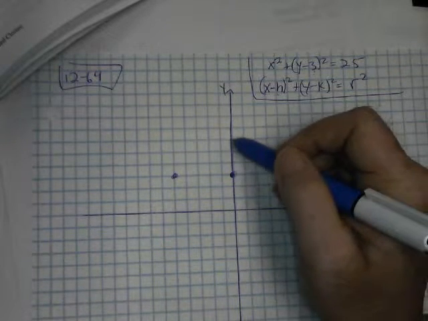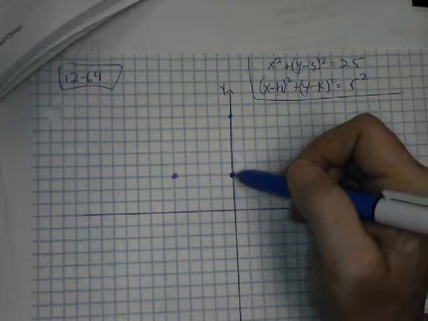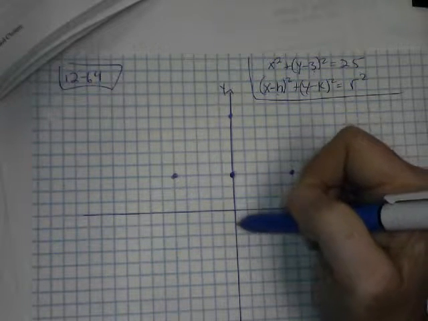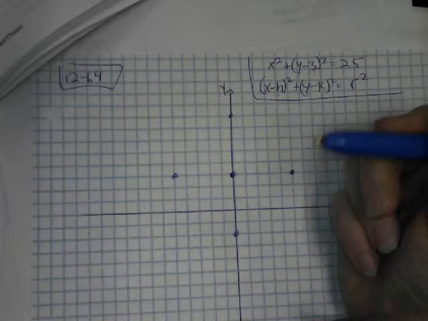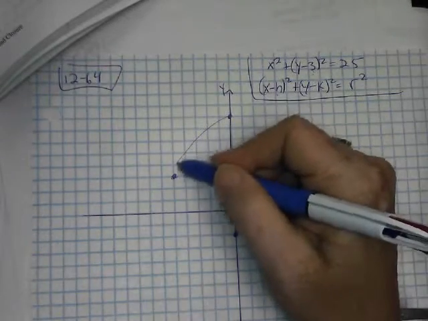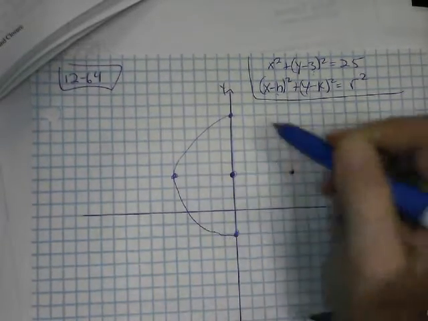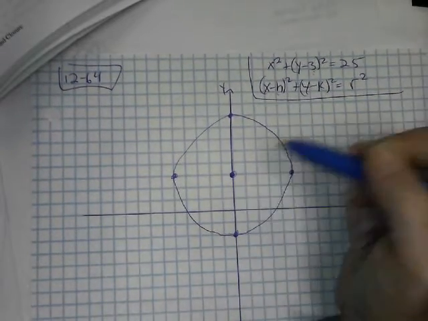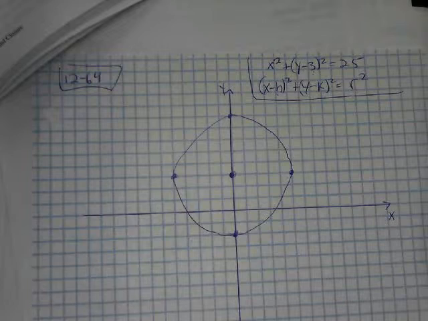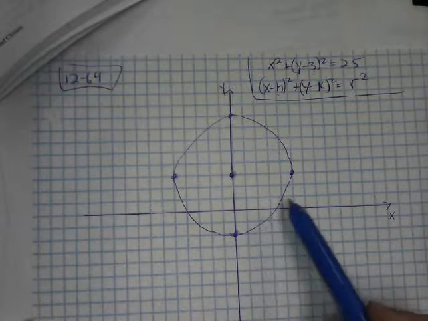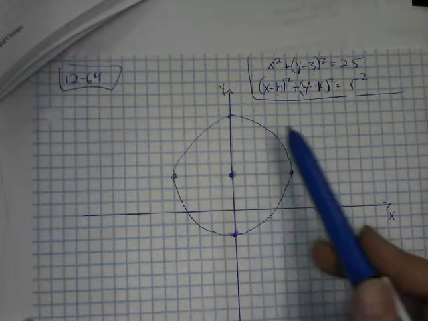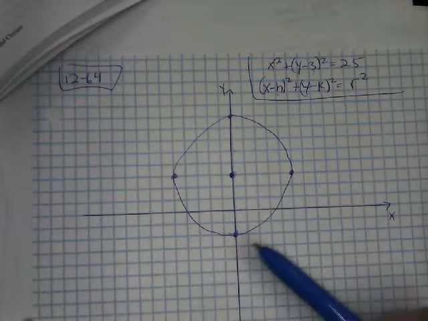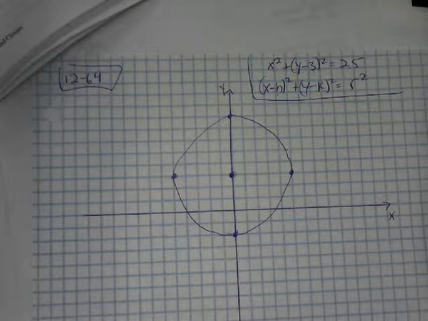It's acceptable to just sketch this kind of lumpy looking graph. We do it all the time. It's not going to be a perfect looking graph, but it's acceptable to just do the 4 points: one to the right, one to the left, one up, and one down. That's good enough for the graph.